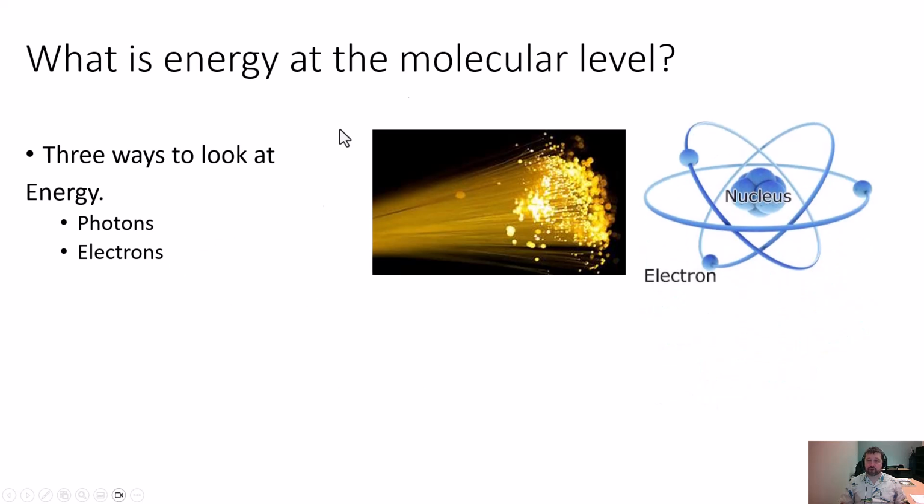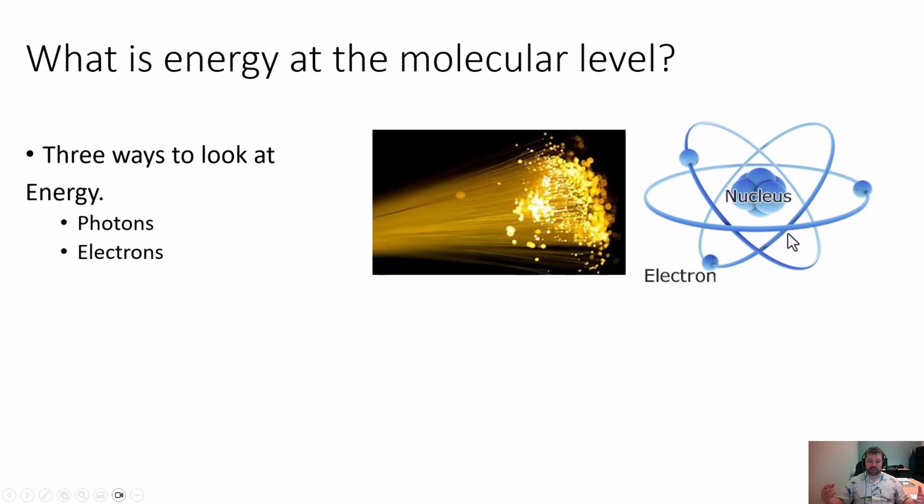These photons themselves help to excite electrons in atoms. So this is energy that excites the electrons, and from a chemistry perspective, they're going to be attracted to nuclei in other atoms potentially and form molecules.